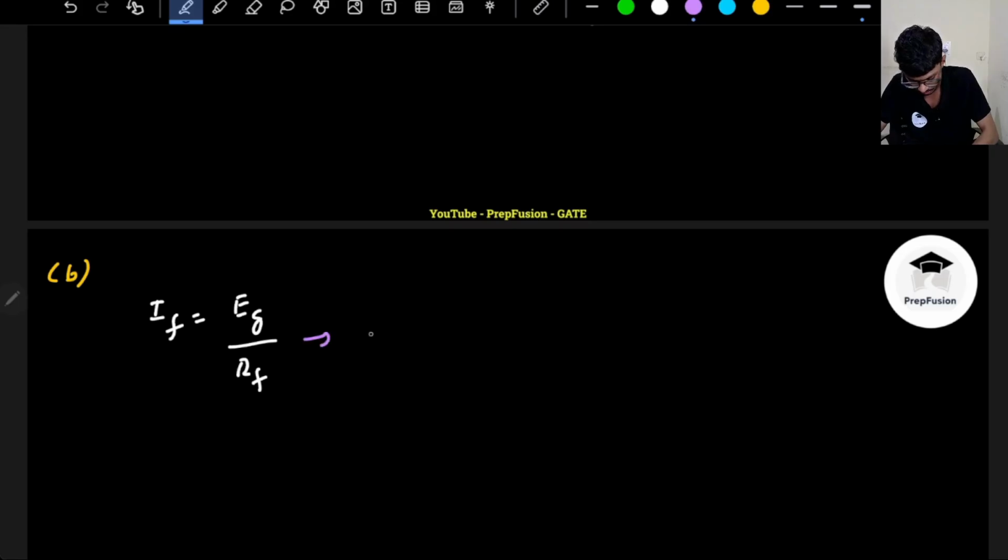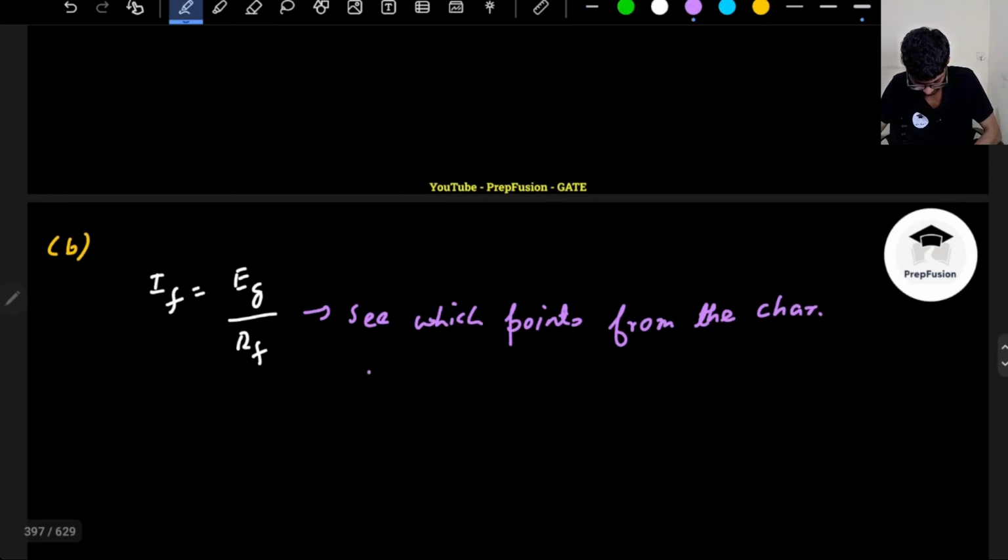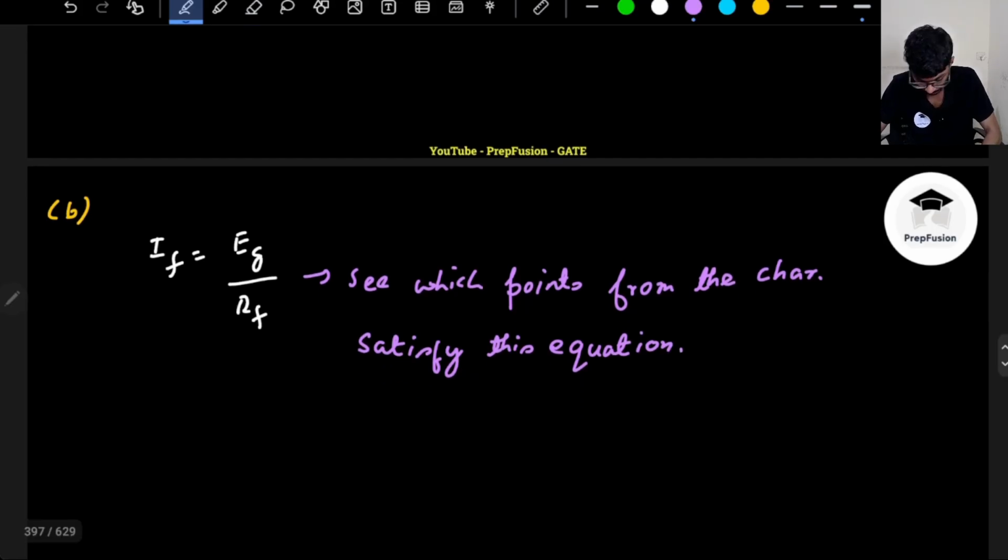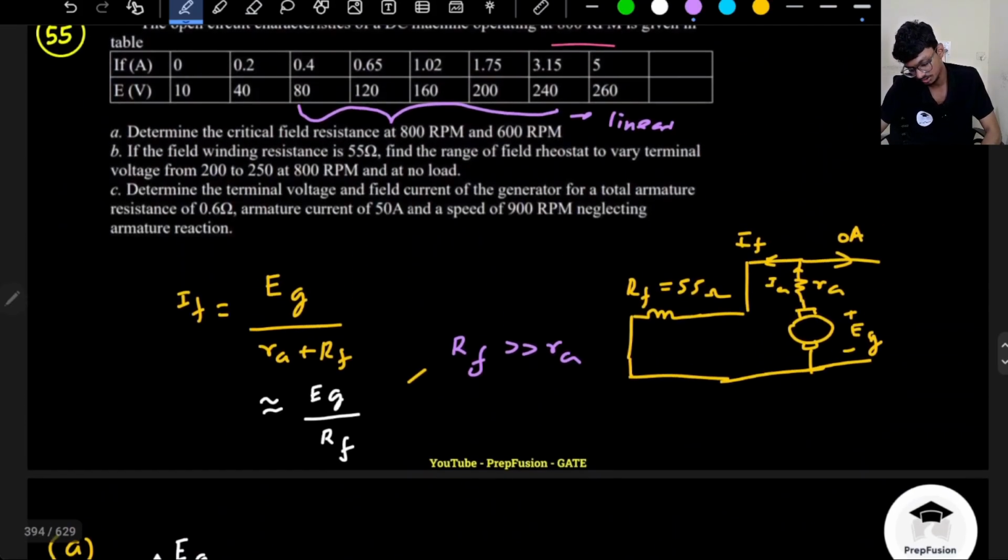So I have to see which point from the characteristics satisfies this equation.